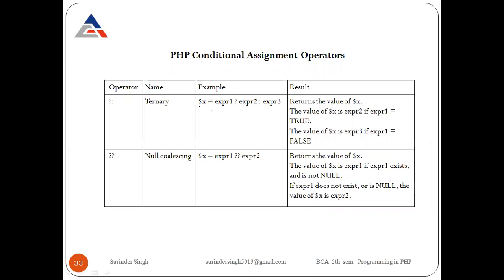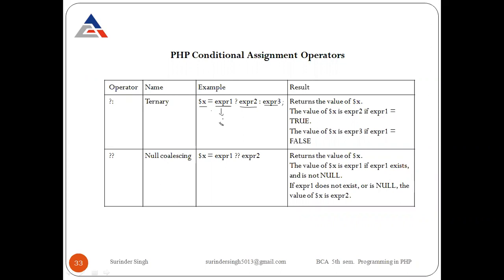Here is a variable x, and this is expression 1, question mark, expression 2, colon, and expression 3. After this we put a semicolon. Clear? Here expression 1 is a conditional expression, where we provide any condition.